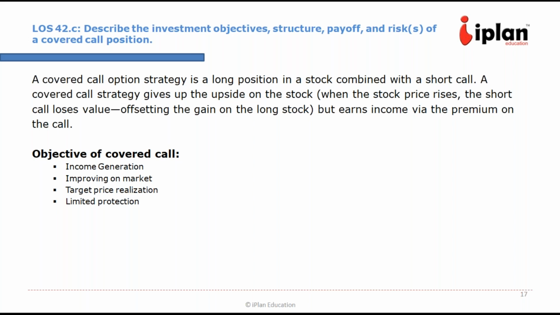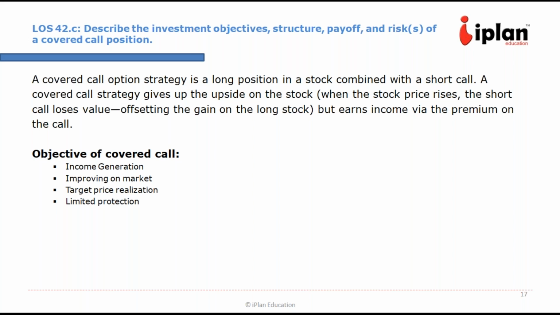So when the stock price goes up, you make money from stock prices, along with that, you make money from the covered call. And if the price goes down, the option gives you limited protection. And also if the price goes up and hits the short option strike price, after that you lock in the target. So basically your profits are offset by the loss on the call options.